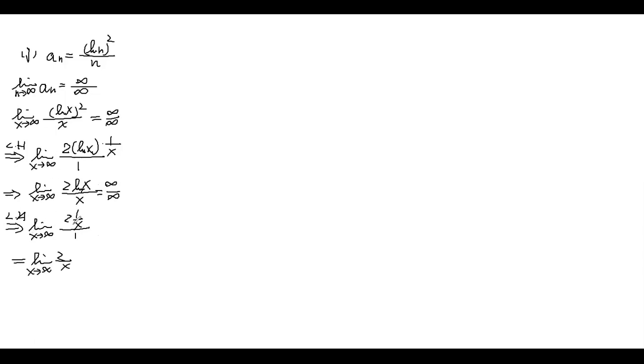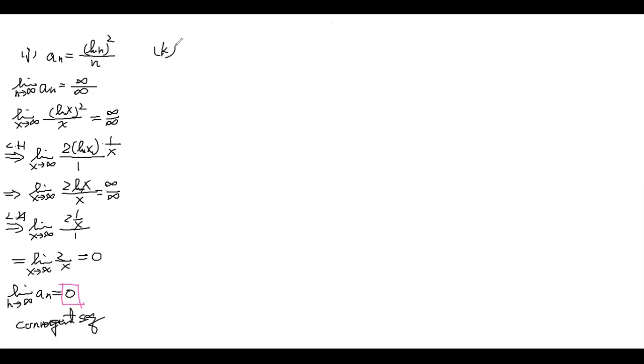When x approaches infinity, what is the value here? It is 0, right? So I can conclude that when n approaches infinity, a_n approaches 0. So this is a convergent sequence, and the value it converges to is 0.